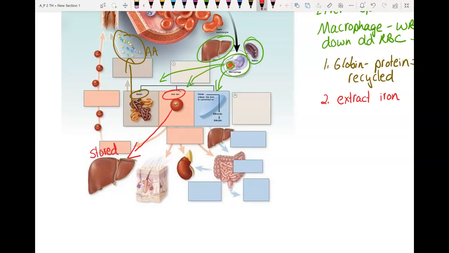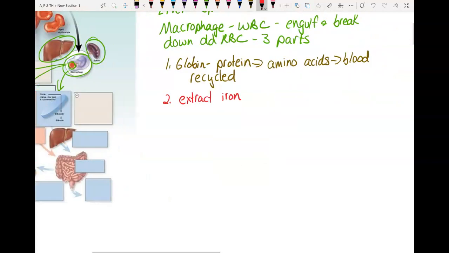And then when your bone marrow needs iron to make new red blood cells, it sends it to your red bone marrow. So most iron is recycled. Most is saved in the liver, then sent to the red bone marrow to be made into new hemoglobin.